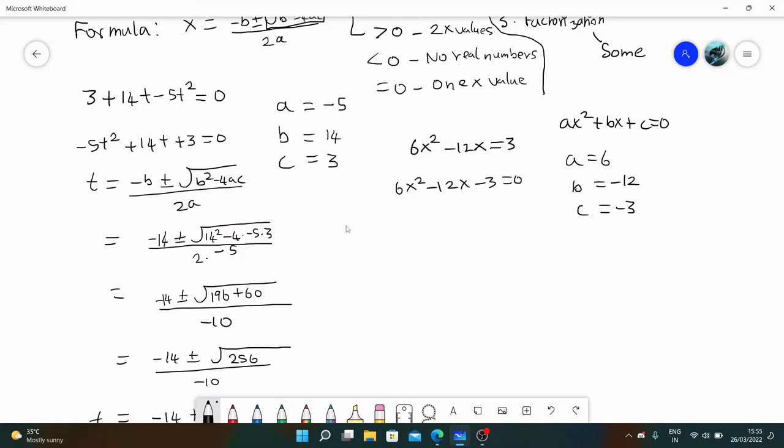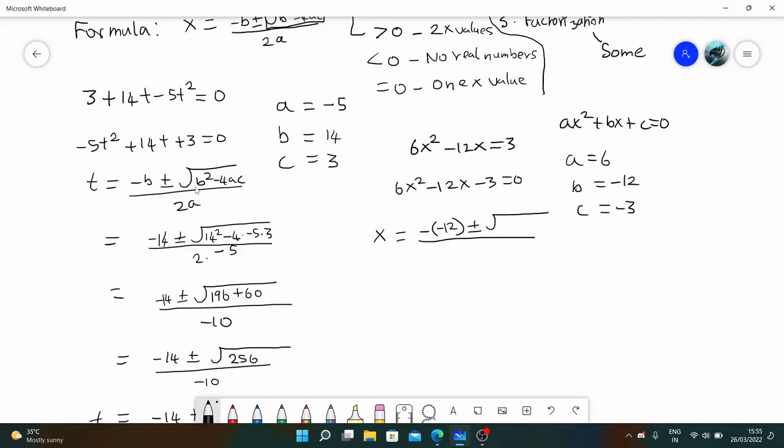So to solve this, again we need to substitute it in the formula which we have right here, minus b plus minus. So first we are going to find x. What is minus b? Minus b is minus of minus 12, and then you have a plus minus, so you can put it like that for now.